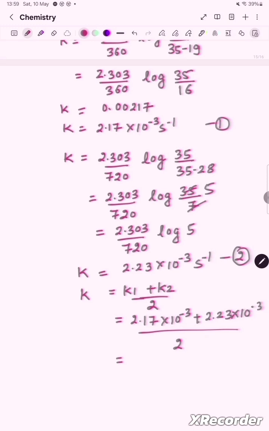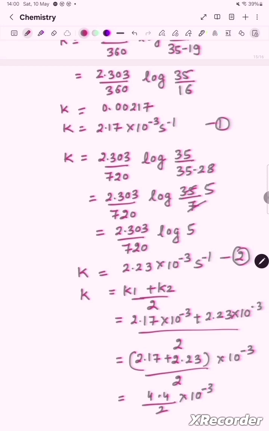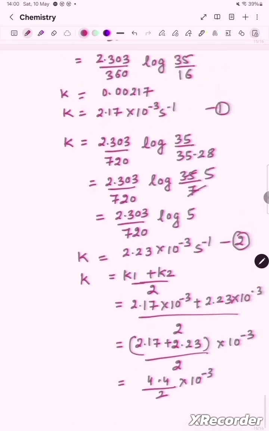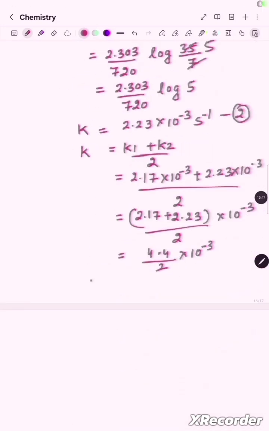So 2.17 plus 2.23 is common upon 2 multiplied by 10 to the power minus 3. After calculating this becomes 4.4 by 2 times 10 to the power minus 3. So the k value is 2.2 multiplied by 10 to the power minus 3 per second. So this is the answer.